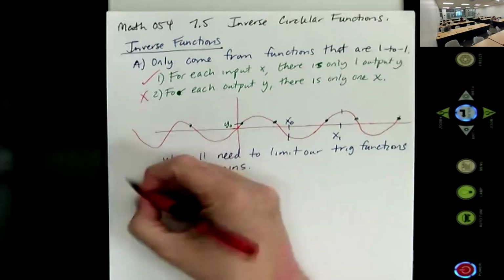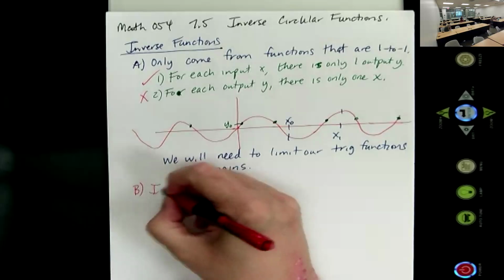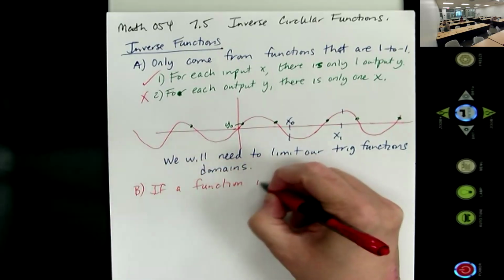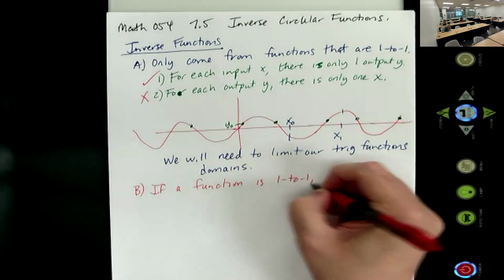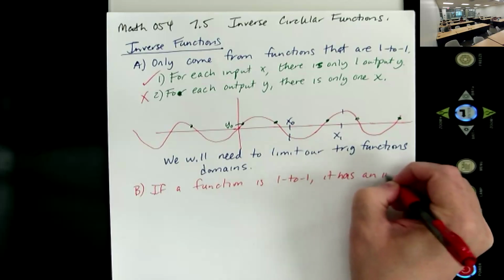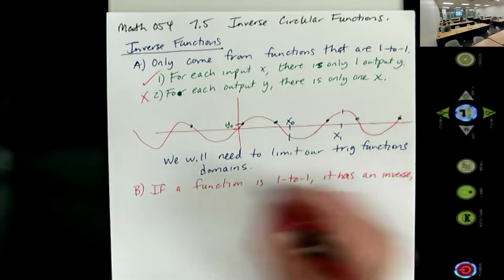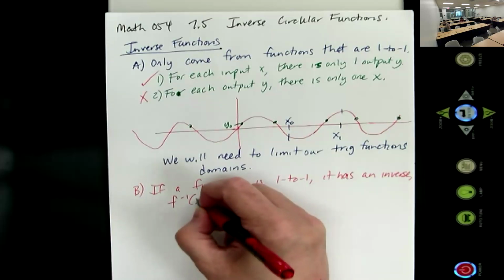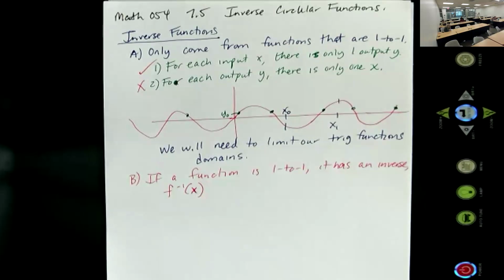When it is met, if a function is one-to-one, it has an inverse, and we usually call it f inverse of x, written with an f to the negative 1. It looks like an exponent, but it's not.